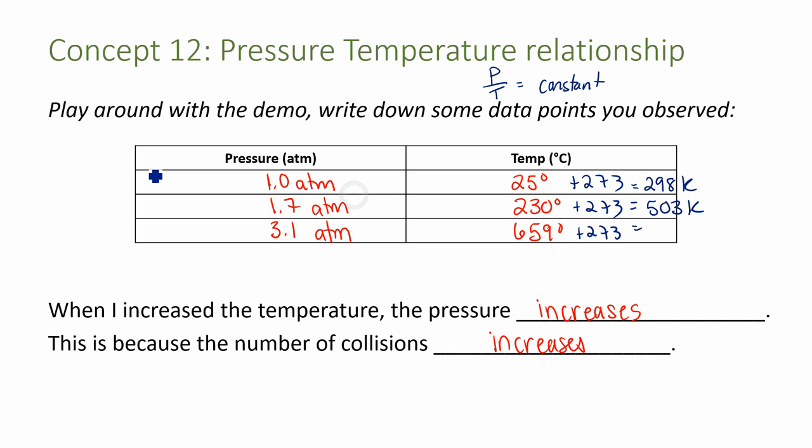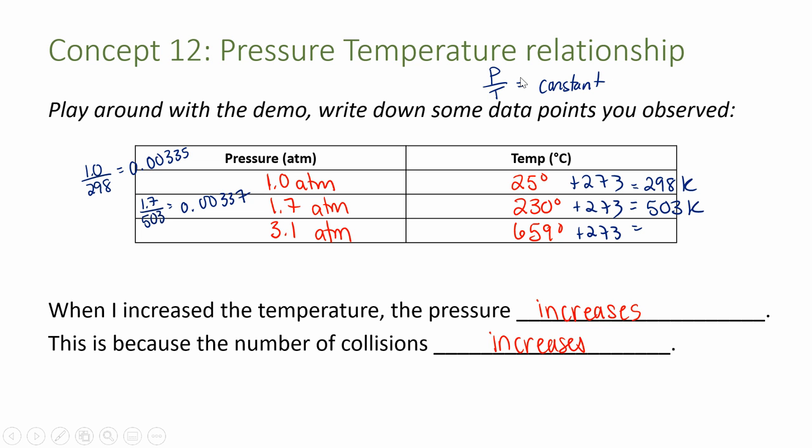So if the pressure is 1 divided by 298, versus over here, this is 1.7 divided by 503. Let's check the math here. 1 divided by 298 is like 0.00335, and then 1.7 divided by 503 is about 0.00337. Cool. So that seems to be constant.